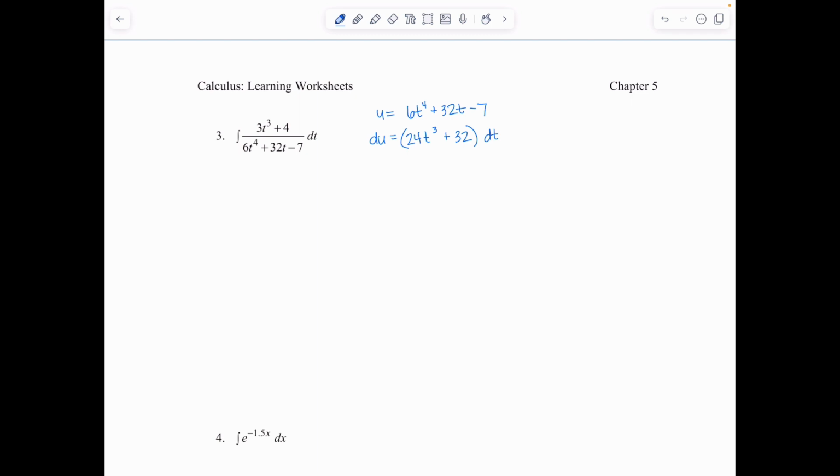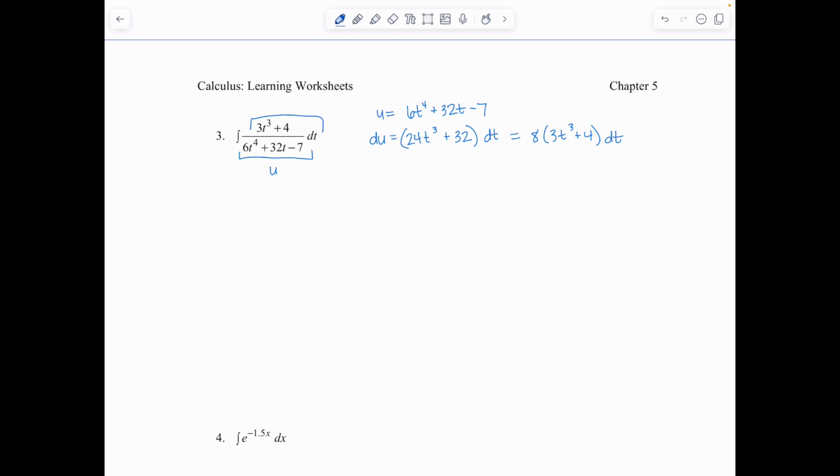Now, from what we see, our denominator is u, but our numerator is not du. So I'm going to rewrite my du as 8 times 3t cubed plus 4. I'm going to factor out an 8 basically, because by doing that, now it looks more like what we had before.